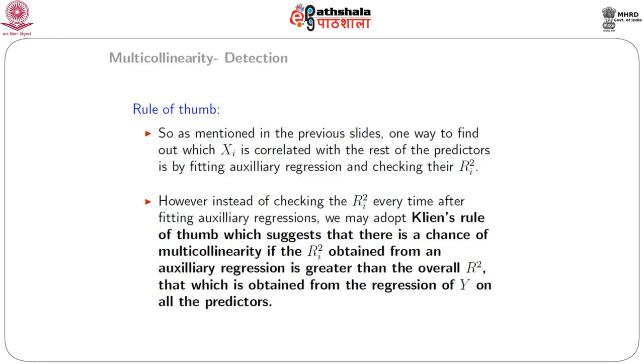However, instead of checking the Ri squares every time after fitting an auxiliary regression, we might adopt Klein's rule of thumb, which suggests that there is a chance of multicollinearity if the Ri square obtained from the auxiliary regression is greater than the overall R square, which we had obtained from the regression of y on all the predictors.